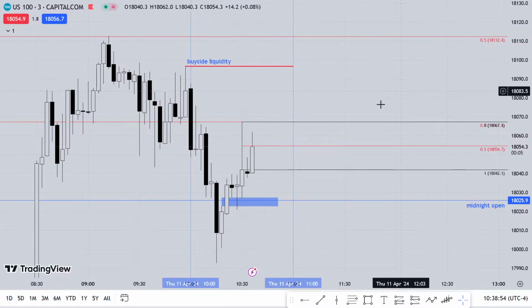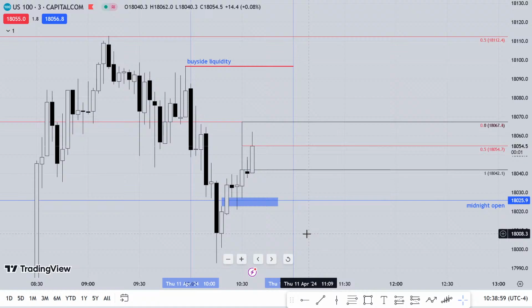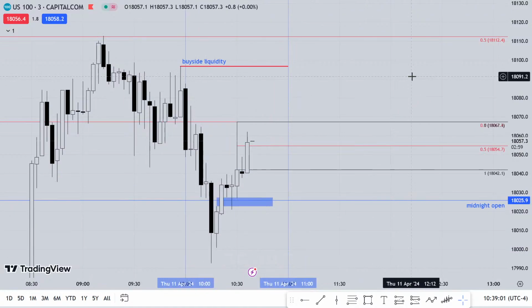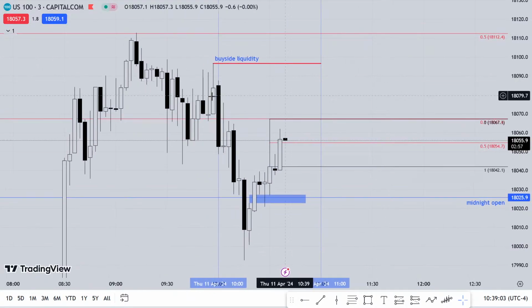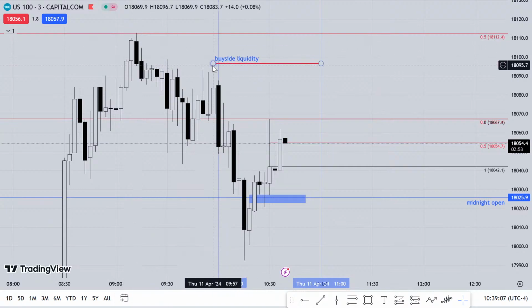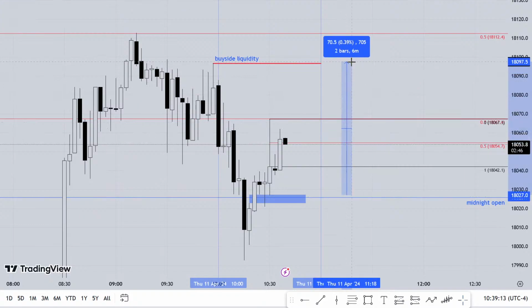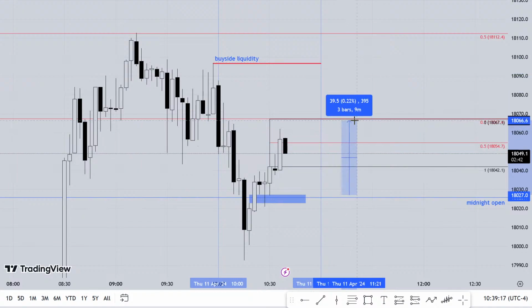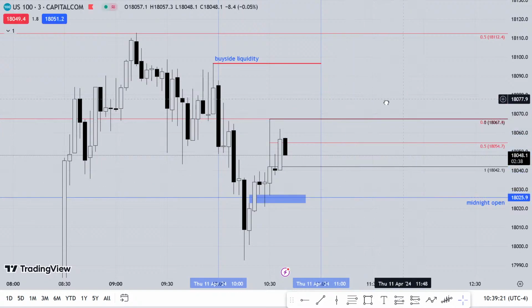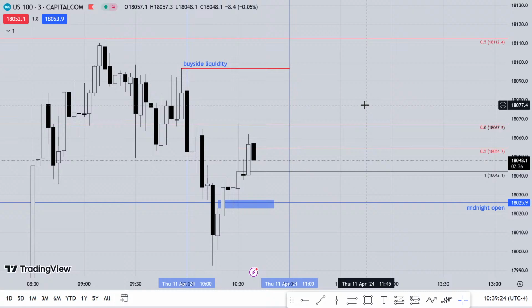So the same narrative should be in play there. Buy side is currently resting above here, at least. From this imbalance to here is about 70 handles. We've done about 40 handles.